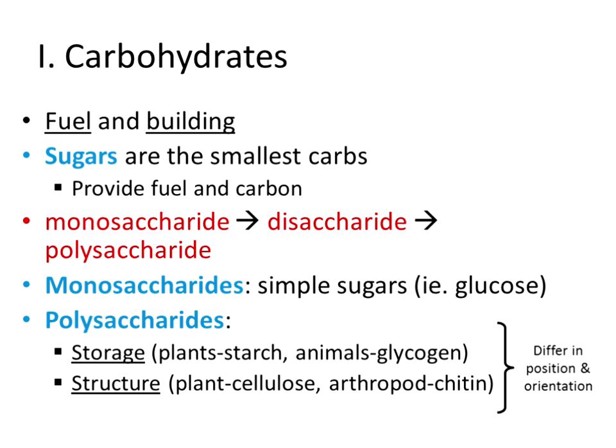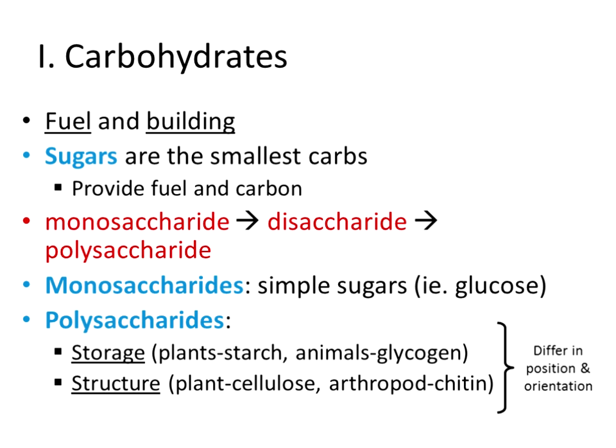And then our polysaccharides here are starch, glycogen, cellulose, and chitin. For storage, plants use starch as the polysaccharide way of storing, and animals will store carbohydrates as glycogen.